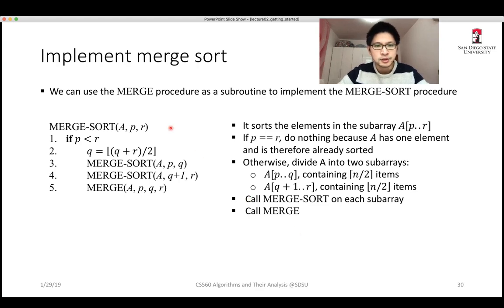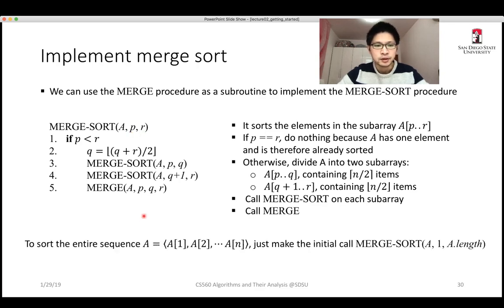So this is the implementation for merge sort. This procedure takes three arguments as its inputs: an array A, and a subarray which starts from index p and ends with index r. If we want to sort the entire sequence A, ranging for example from 1 to n, we make the initial call merge sort A from 1 to the length of A. In the language of the divide and conquer approach, line 2 is the divide step.